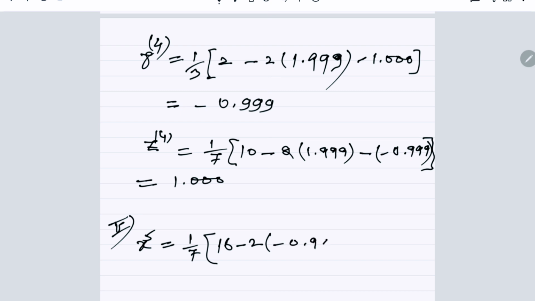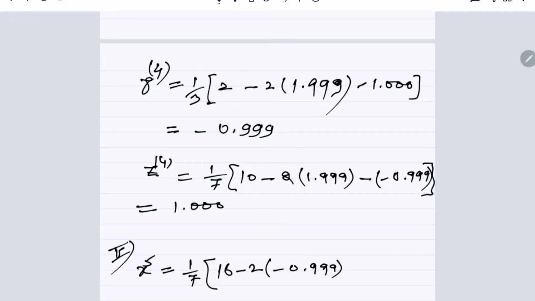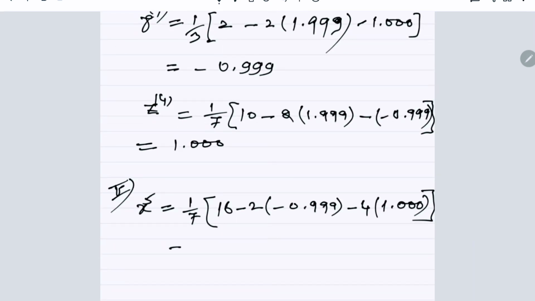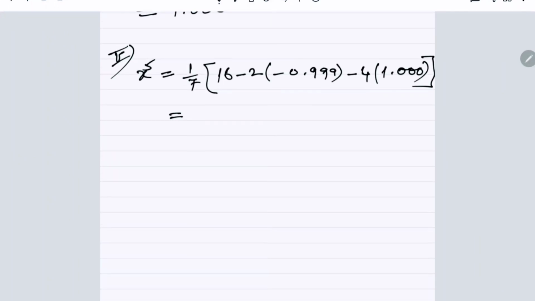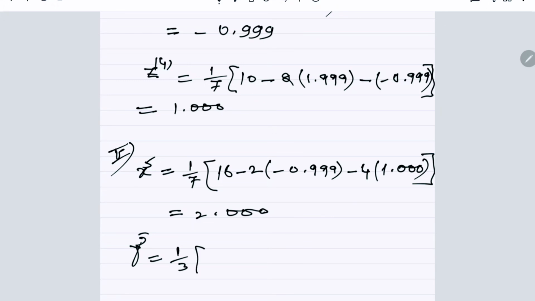Next we go for the fifth iteration, x5, y5 and z5. Therefore, check this step carefully. 1 by 7 times (16 minus 2 times y, y is minus 0.999, and minus 4 times z, 1.00 into 4).